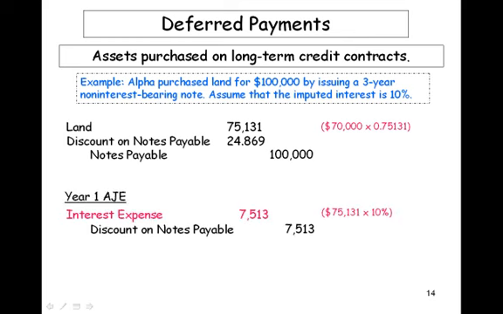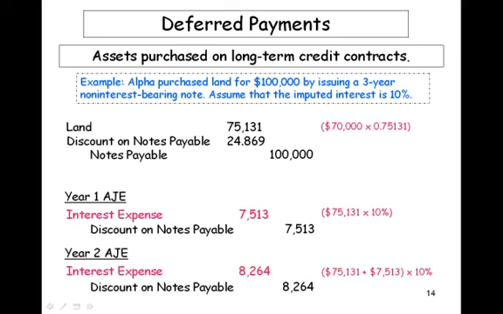The amortization of a discount for year 1 is computed the same as we did in a prior chapter. For year 2, we add the $7,513 to the $7,500 $1,131 to find the new net present value of $82,644, and then again multiply by 10%.